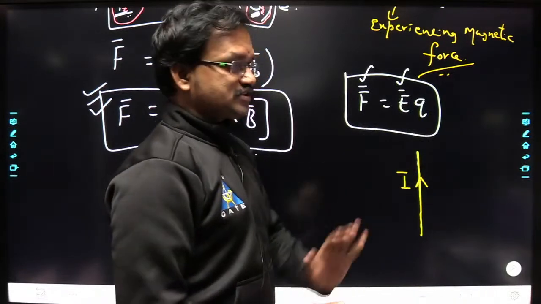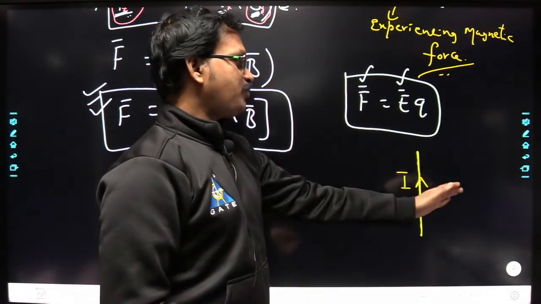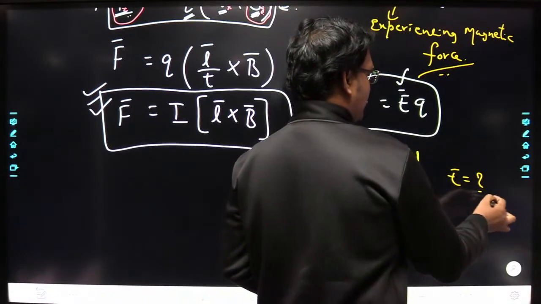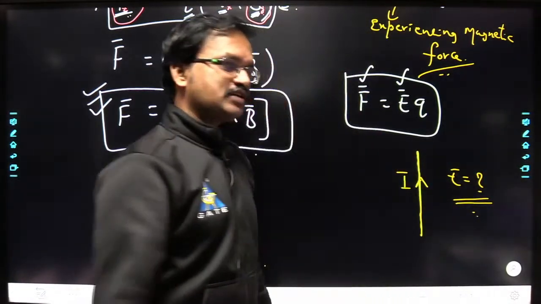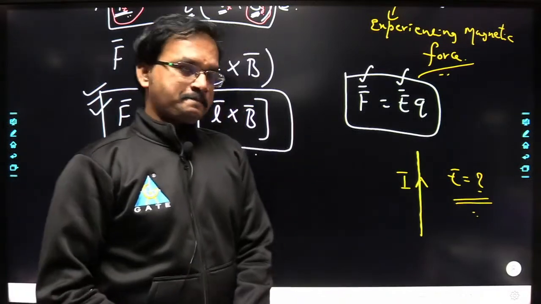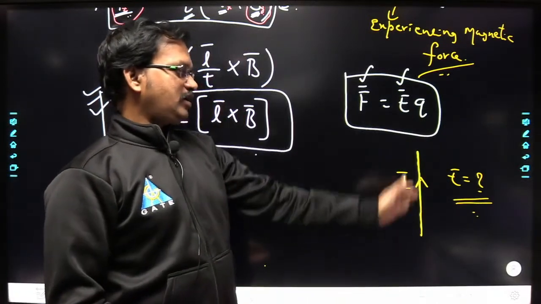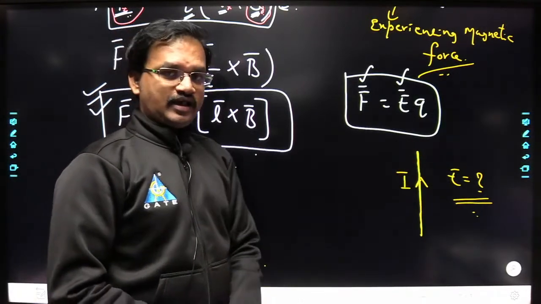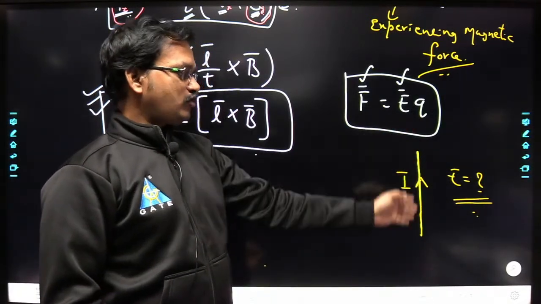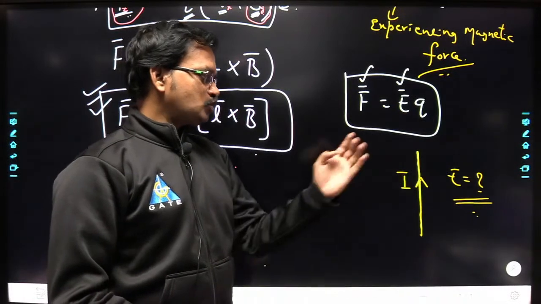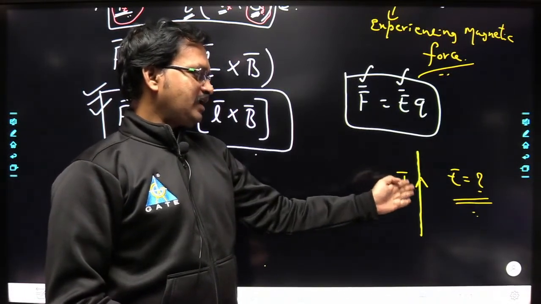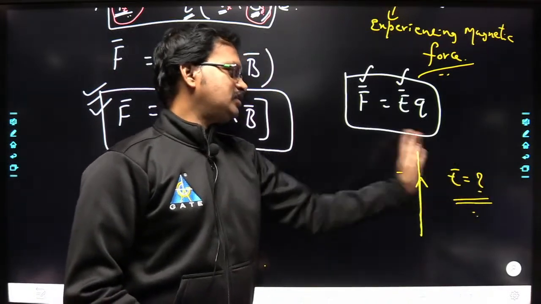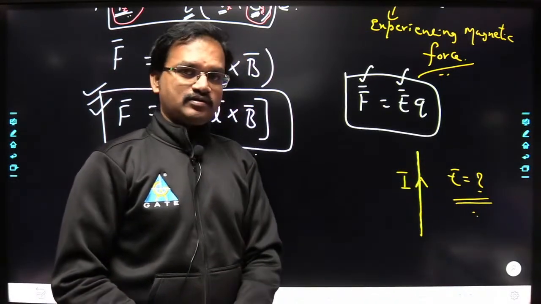Because of these charge carriers, is there any possibility for an electric field to exist in the vicinity of this current carrying wire?